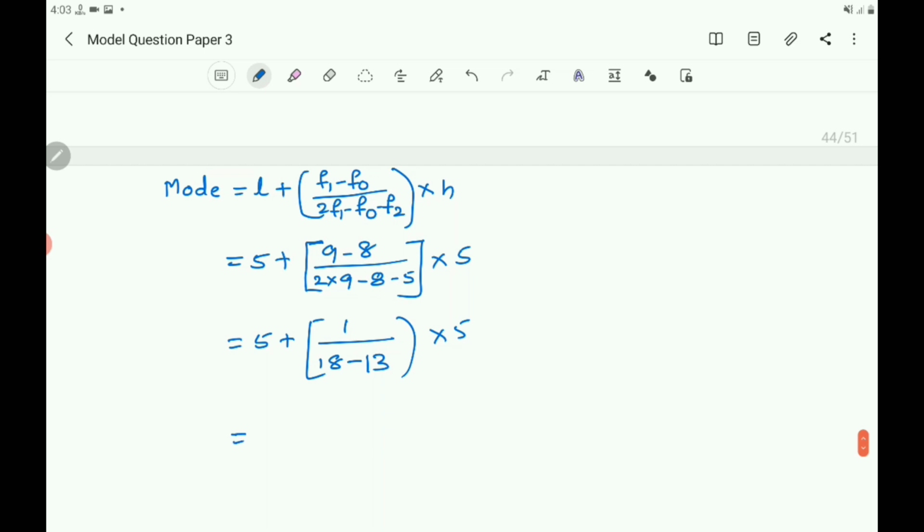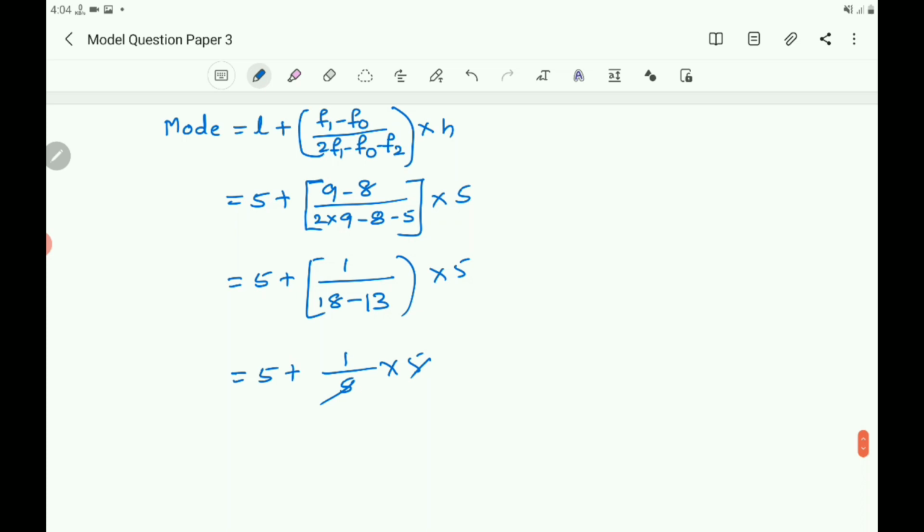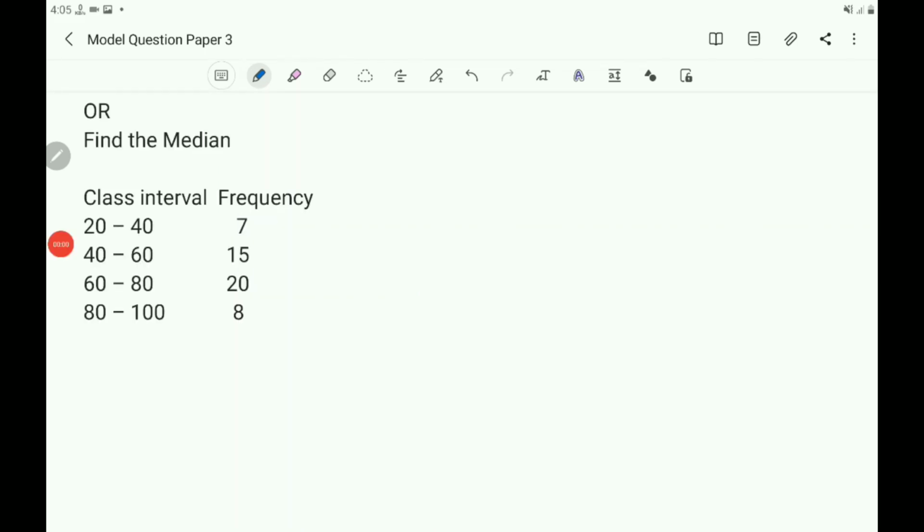Then equals 5 plus 1 by 18 minus 13, that is 5, into 5. So the 5 cancels, you will get 5 plus 1 equals 6. Therefore the mode is 6. Mode equals 6. You got that?